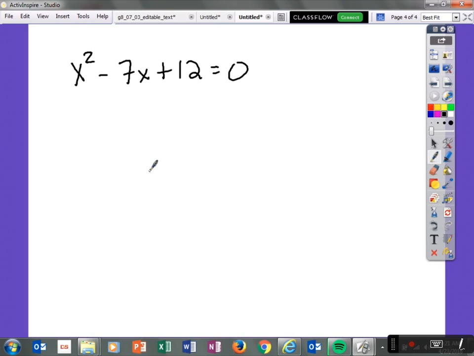X squared minus 7x plus 12 equals 0. Solve by factoring.